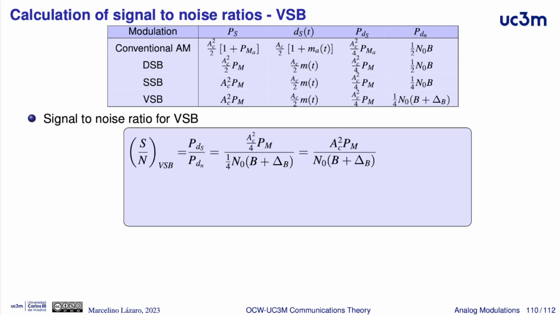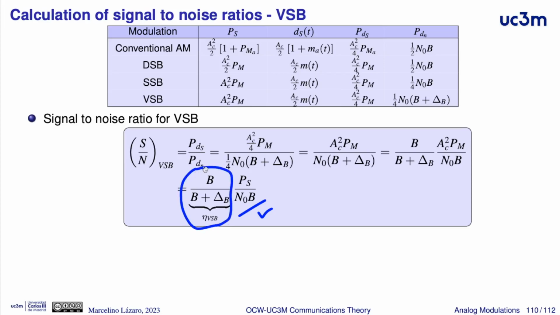And now we want to write this expression as a function of N0 times B. Because of this, we include B here and here in the numerator and the denominator, and rearranging the terms, it's easy to see that we have PS divided by N0 times B times this factor here, the ratio between the bandwidth in hertz of the modulating signal and this bandwidth plus the vestige.